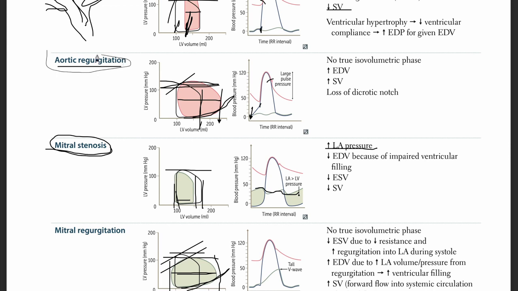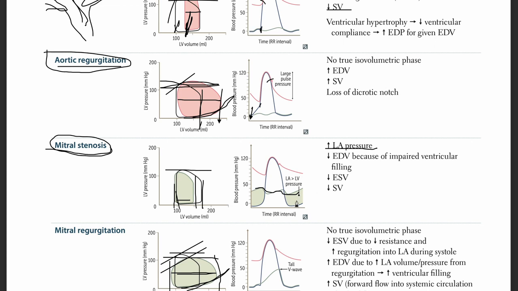So it could be aortic regurgitation, or it could be mitral regurgitation. Well, not mitral. So it can only be that. Mitral won't have proper contraction, because it's going back into the left atrium.